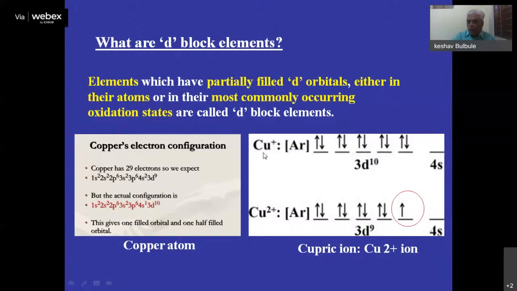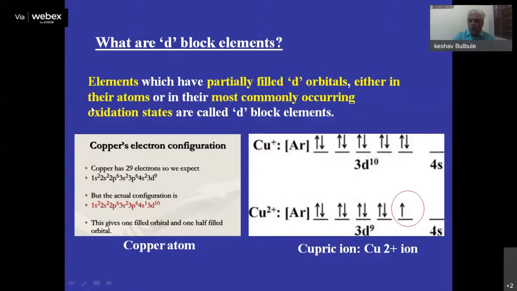So to go from the cuprous state to the cupric state, it has to lose one more electron. That one electron comes from the d subshell. That means in the cupric state, it has one electron unpaired, or one orbital incompletely filled, and therefore copper is also referred to as a d block element. The same explanation holds good for silver and for gold also.